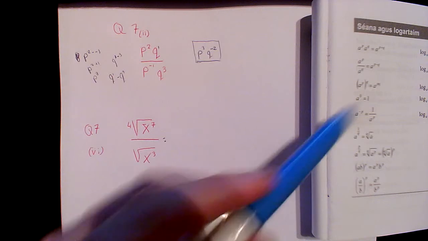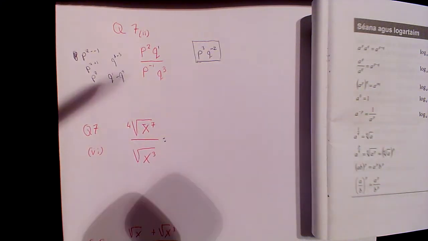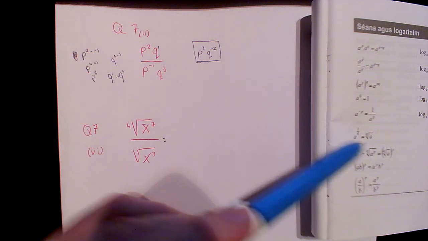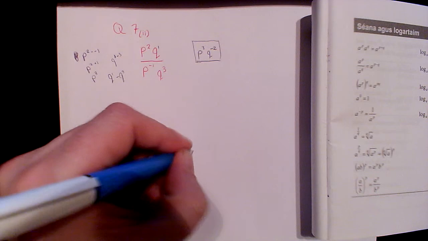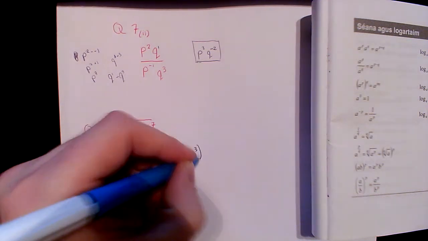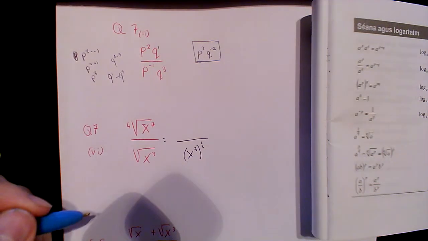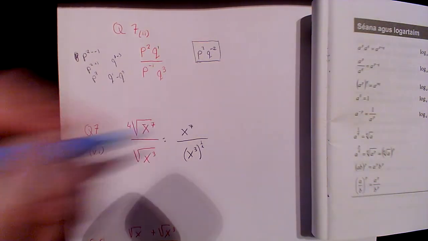We see that from this row. So this would be x to the power of 3, but instead of having the square root sign, I'll have it to a half.